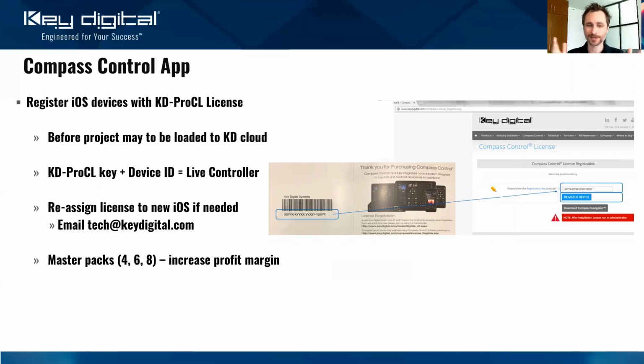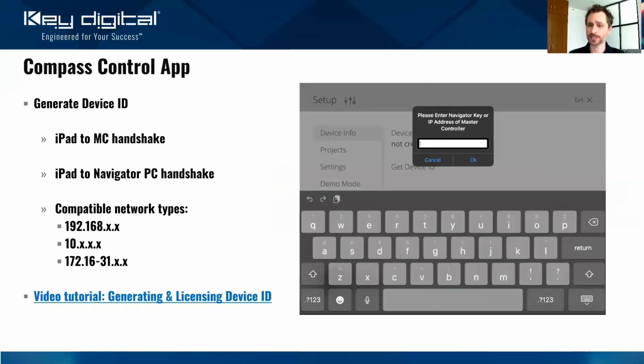Pro Compass license 1, 4, 6, or 8, because you do have multi-packs, which help you increase your profit margin. So you take the device ID of the iPad, you go to our website, you know that plus your registration key, which we could even email to you, or you do get a physical, like a bifold, almost like a gift card, and you type, start with the key, and then next to the device ID, now it's activated, and it'll give you the success message that you're ready to program to that iPad or load to that iPad.